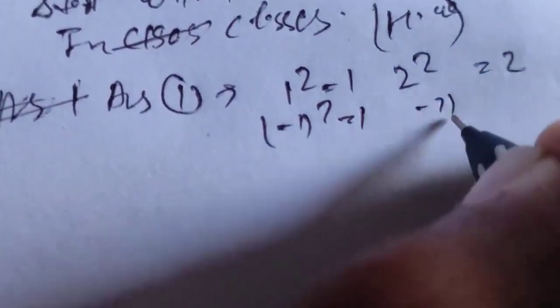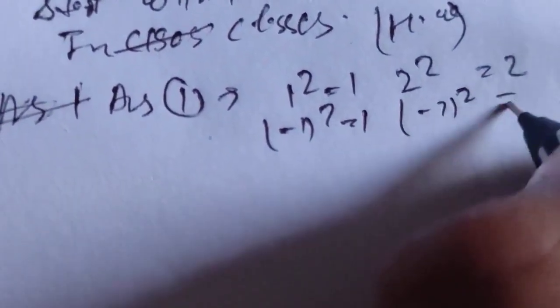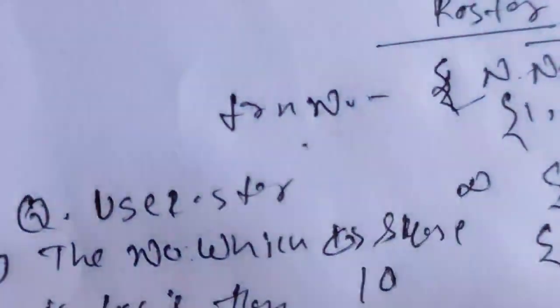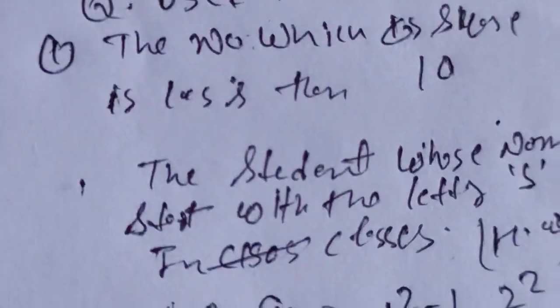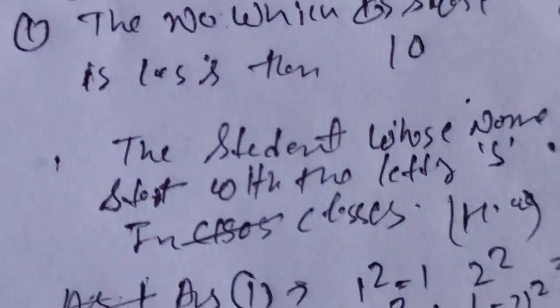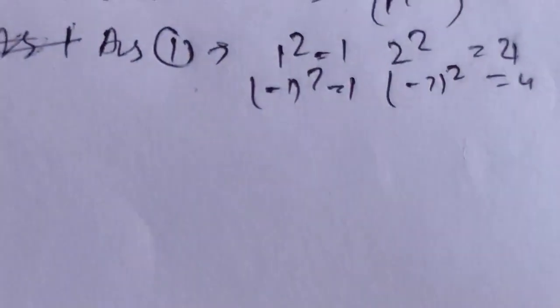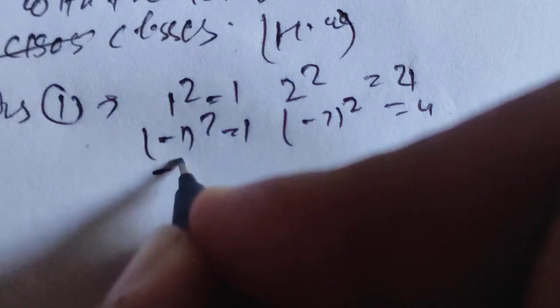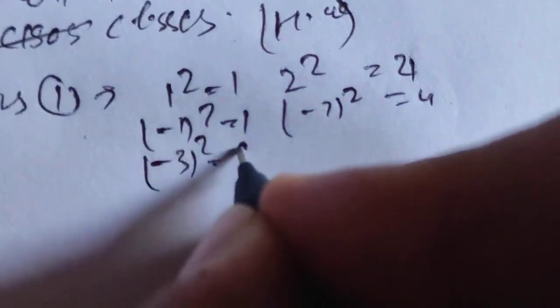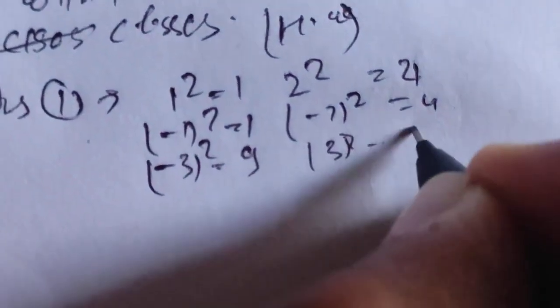We know that 1 squared is 1, 2 squared is 4, and minus 1 squared is 1 and minus 2 squared is 4. We use minus because the condition is not restricted to positive numbers; negative numbers also have positive squares. For minus 3 the square is 9, and for 3 the square is 9.